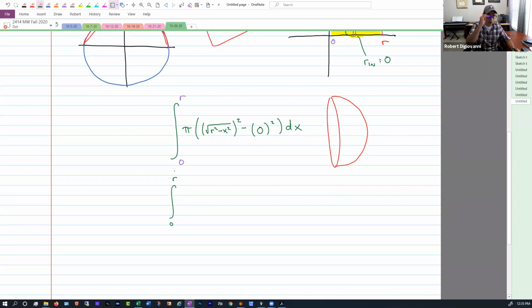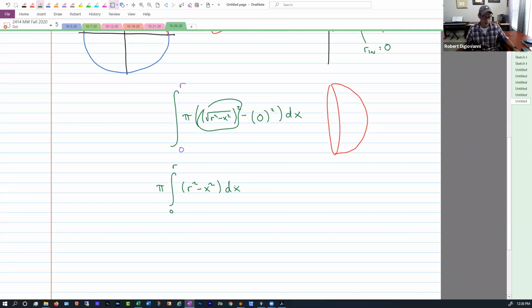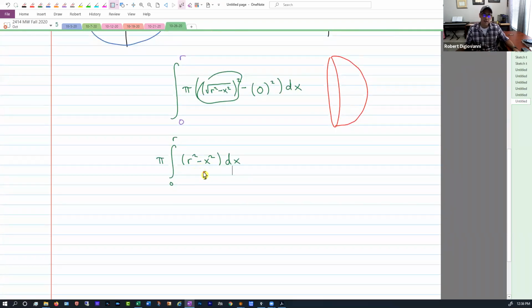If you go back in your notes, when we did this for the area of a circle, we wound up having to do trigonometric substitution. But this can be even easier than showing the area. So I'm going to pull the pi out because it's a constant. I'm going to square the square root, which just gives me r squared minus x squared, and nothing else is there except dx. Integrals don't get any better than this. They're two separate pieces. I can do them one by one.